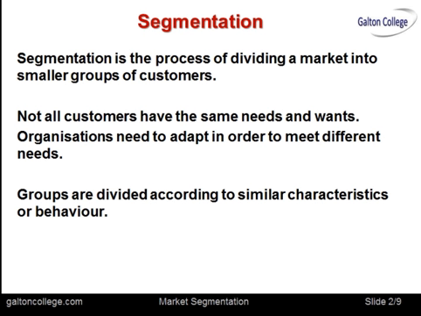So it divides up the customers into groups on the basis of similar characteristics or behavior. Now those similar characteristics or behavior constitute the basis of the segmentation. So it's dividing up the market into, if you like, sub-markets based on particular characteristics.